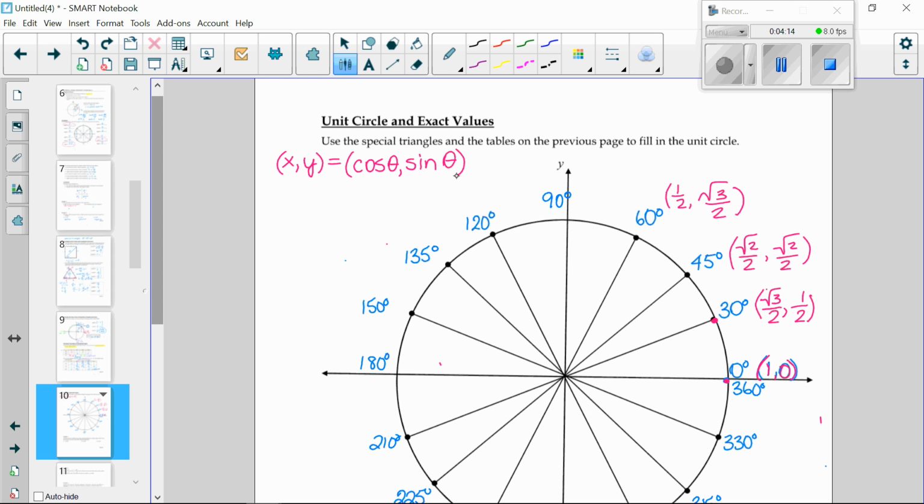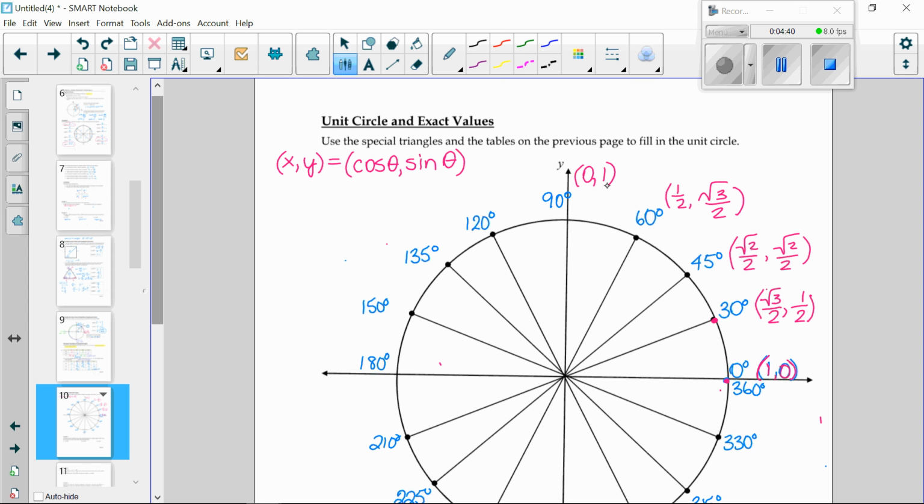Okay. Now, if you know the first quadrant, you can do the next ones. Now, I want to show you something really kind of cool here. There's a pattern here to help you remember the unit circle. Fill in your angles 0, 30, 45, 60, 90. 90 degrees, what's that coordinate going to be? Well, it's going to be 0 and 1.